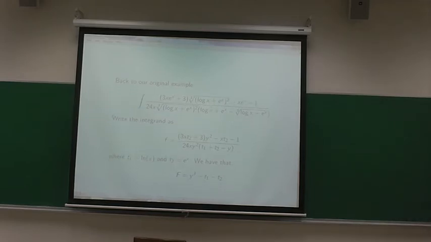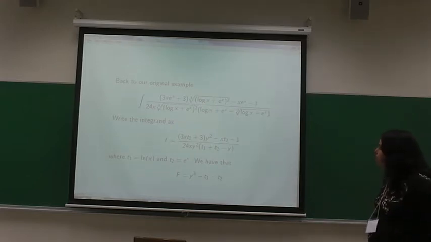So back to our original example, let's see how all of this works. Our integrand here is 3x t2 plus 3y squared minus x t2 minus 1, divided by 24xy squared times t1 plus t2 minus y.